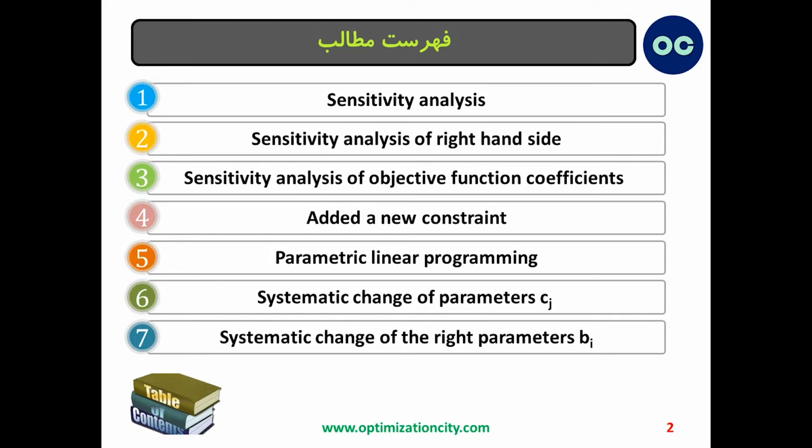Especially, we will focus on the change in the objective function coefficient, which is Cj, and the right-hand side parameter, which is Bi, enabling you to understand the dynamics and trade-offs within your optimization model. Join us on the journey to unlock the potential of sensitivity analysis and parametric linear programming.